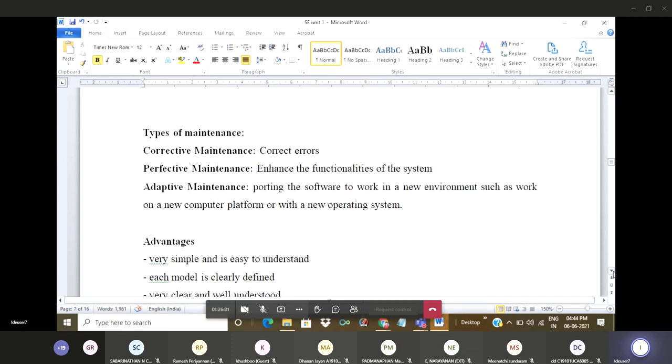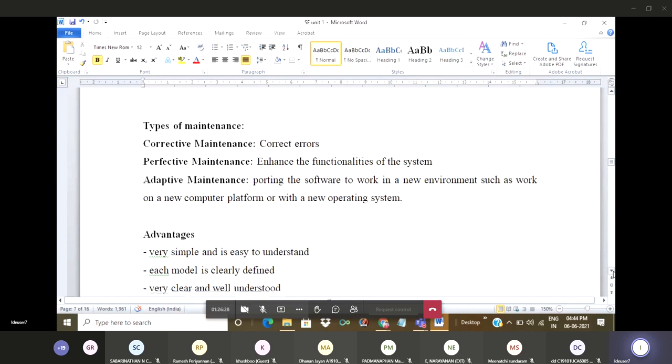Perfective maintenance is enhancing the functionality of the system after correcting all the errors. And adaptive is porting the software to work in a new environment. If we are using an old environment, we can switch from the old environment to a new environment or new operating system.